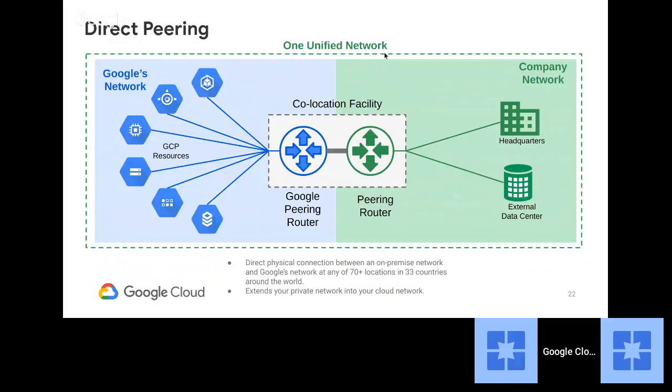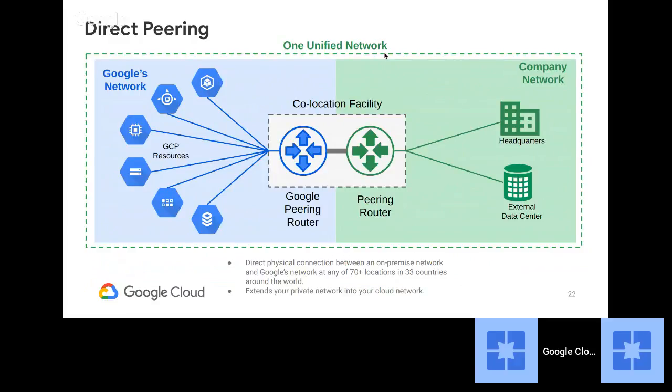So it appears almost like you're transparently connected to Google's network. The benefits here are around routing and latency. You're not having to hop out onto the public internet and go through a whole bunch of hops to get to the next Google Cloud point of presence, but you're able to go directly there.